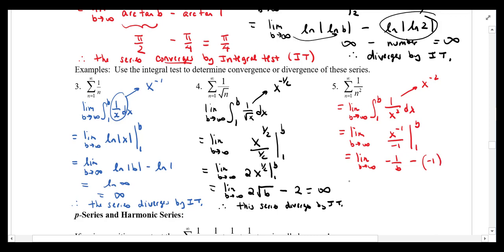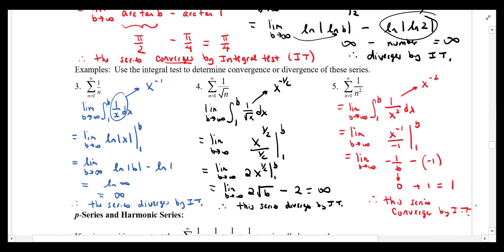So now if I plug in b going to infinity, this term becomes 0, and I go 0 plus 1. That's 1. Whoa! It's not infinity. So therefore, this series converges by the integral test.